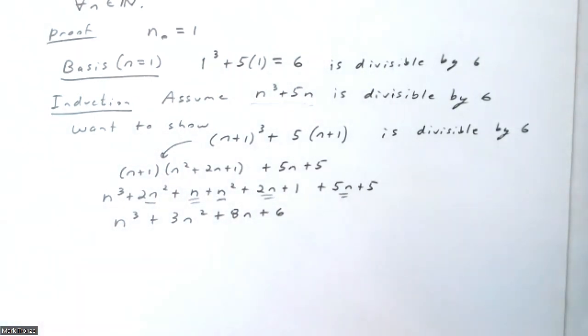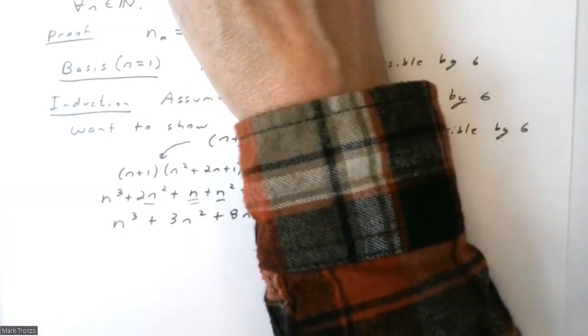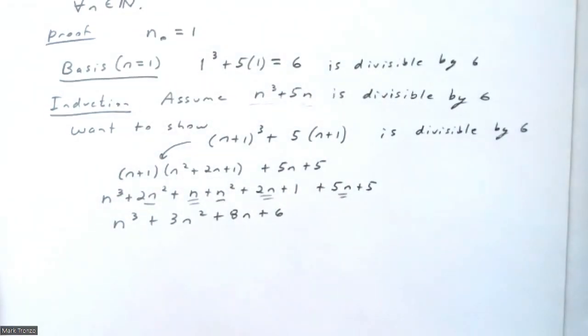So now, what we want to do is try to get our assumption to show up. Let's see, what could we do to get our n cubed plus 5n?